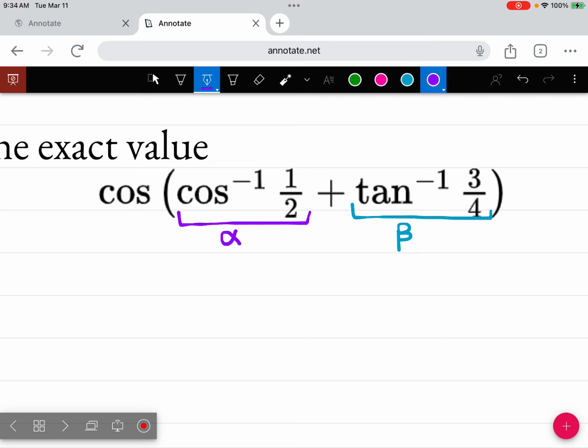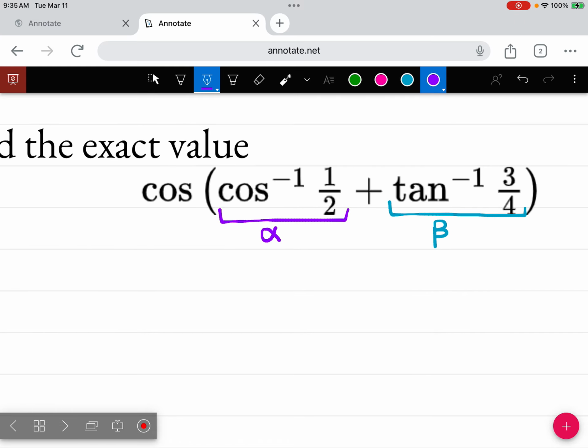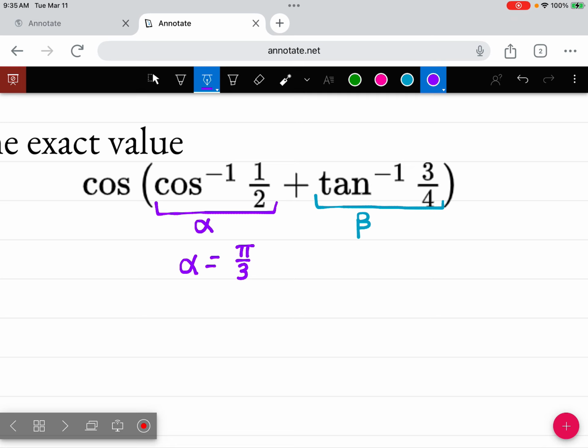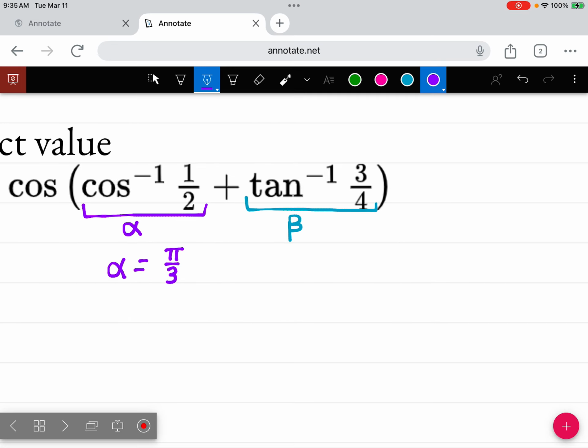So inverse cosine of 1/2, we can do that. Inverse cosine of 1/2, the angle that has 1/2 as its cosine, that's going to be our pi over 3. The angle that has a tangent of 3/4, that one's not a unit circle value.